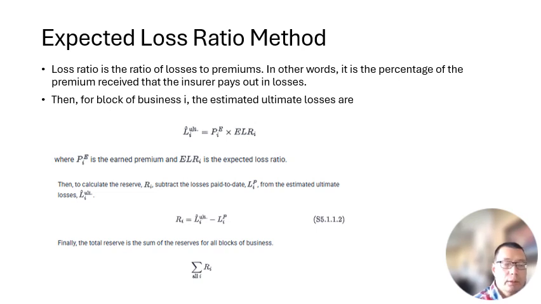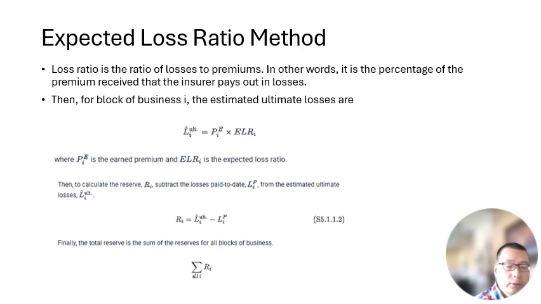Then for block of business i, the estimated ultimate losses L_i ultimate will equal P_i, the earned premium, times ELR_i, the expected loss ratio.